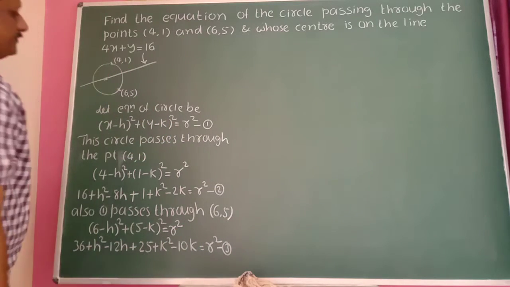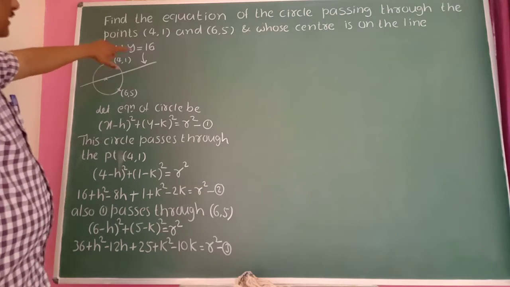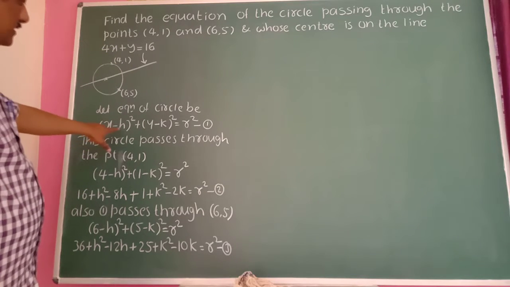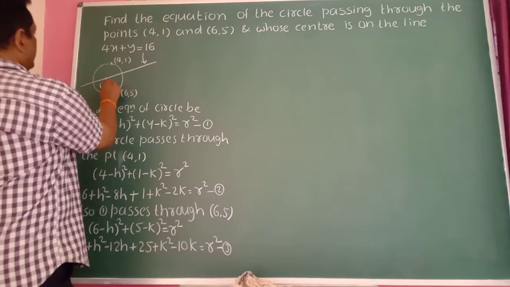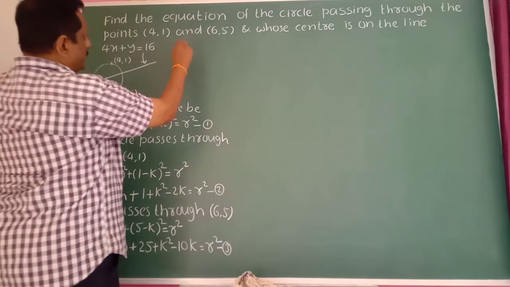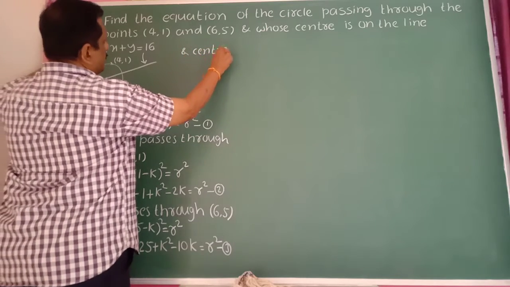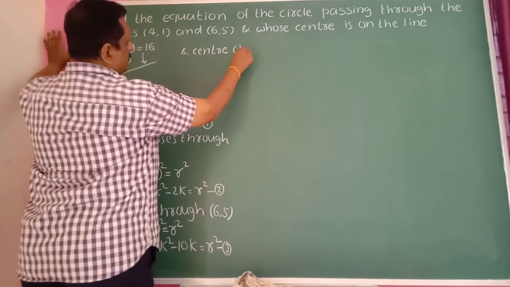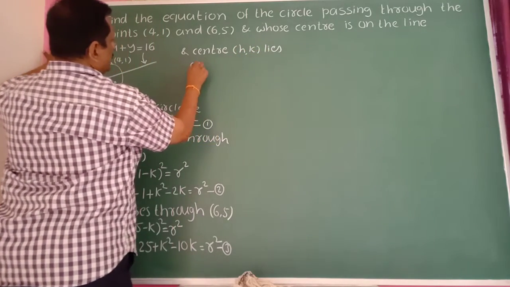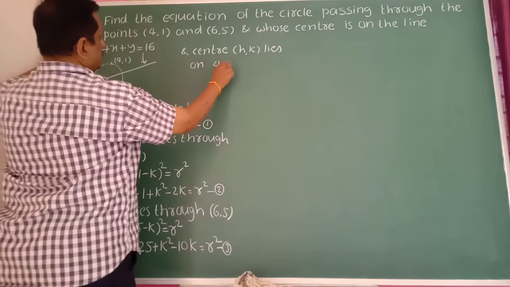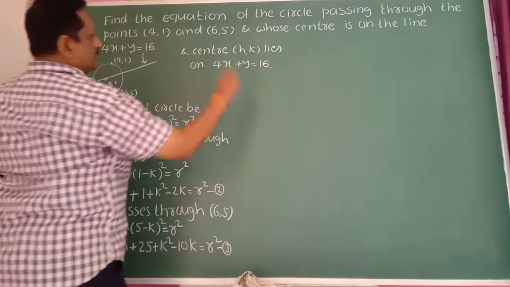Also the center lies on this line. The center of this circle is (h, k), so (h, k) lies on the line 4x + y = 16.